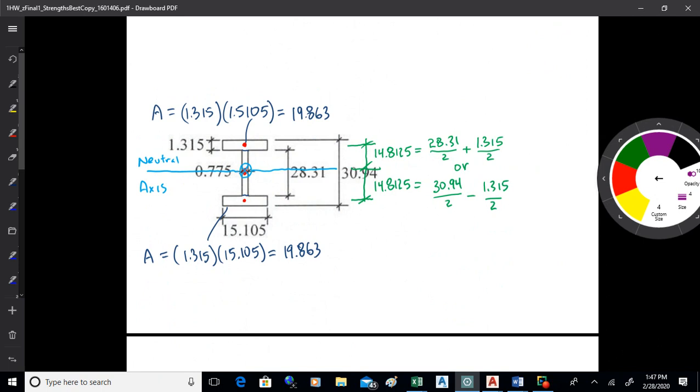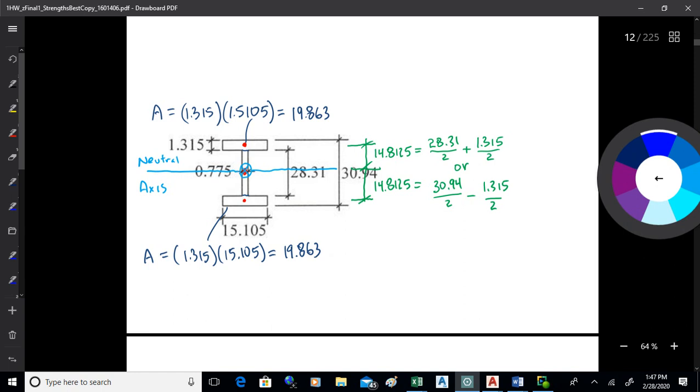Now the neutral axis there runs through the middle centroid. Okay. That's the neutral axis when you calculate Ix. Now the neutral axis for the other one, which is Iy, runs right down the middle.